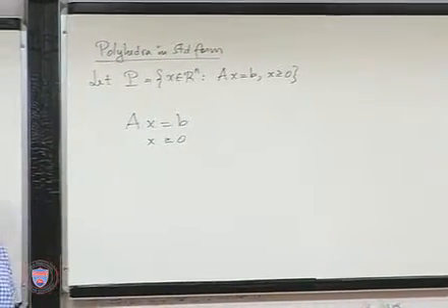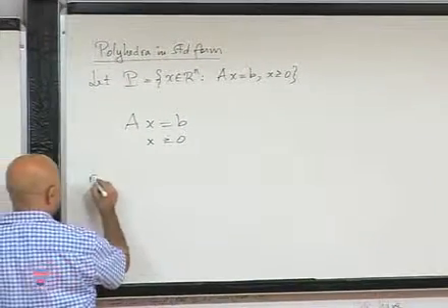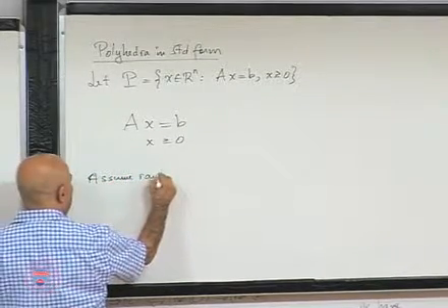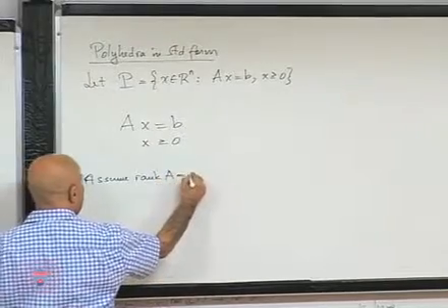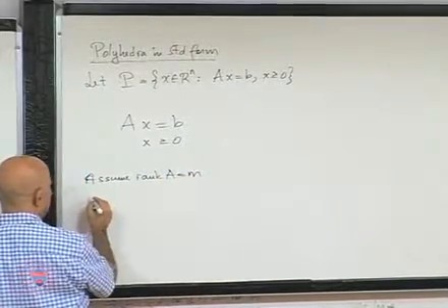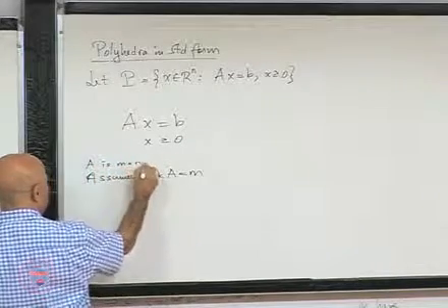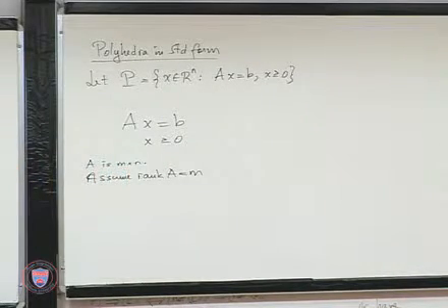Let's assume without loss of generality that the rank of A is m, and of course we're assuming A is m by n. It's got m rows, n columns, and the rank is m. It's the row rank.